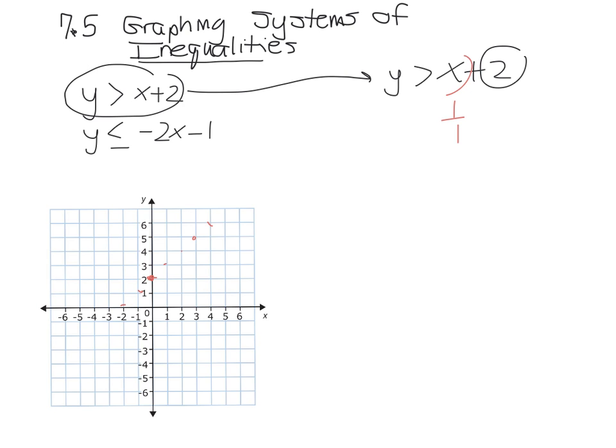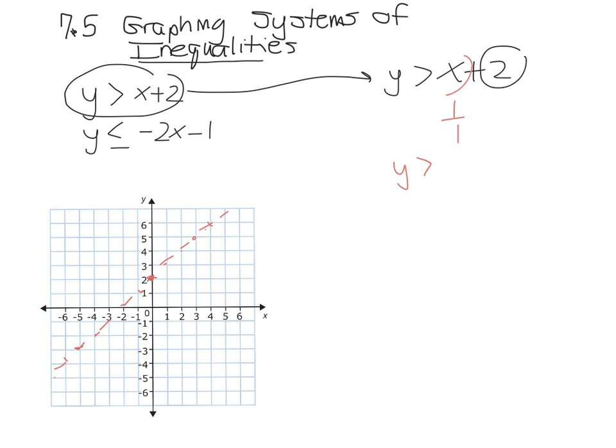So I'll make dots all the way across, and then I have to decide, is it going to be a solid line or a dashed line? So y is greater than is a dashed line.